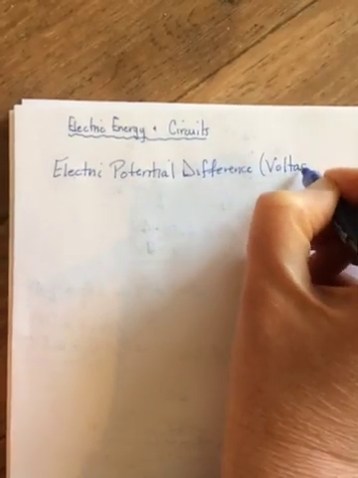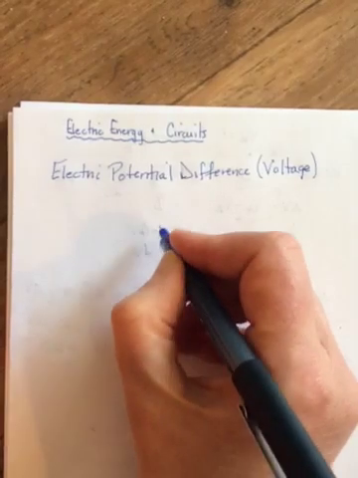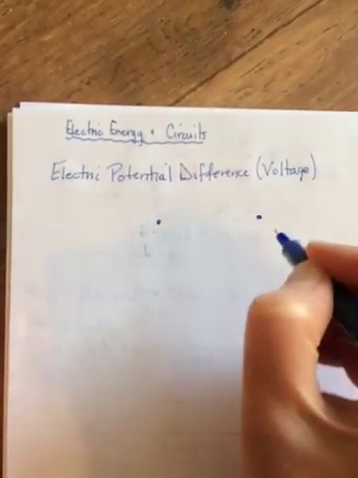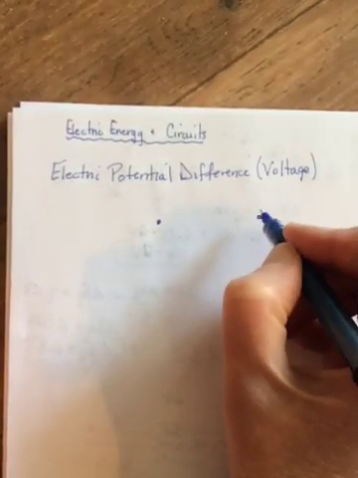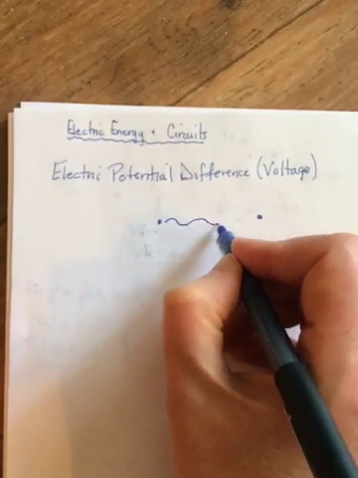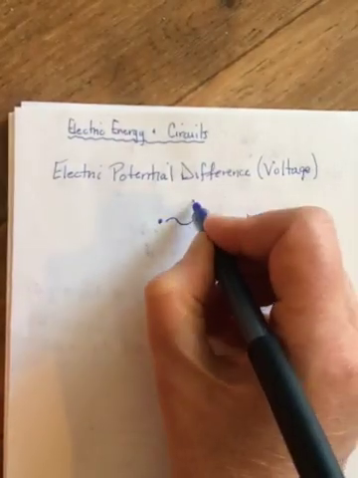Okay? And if you remember, we did some questions where we talked about if you had a point here of some voltage and a point here of some other voltage, and the end on the right was higher voltage, then we would need to do work on a charge to move it from the left-hand end to the right-hand end.